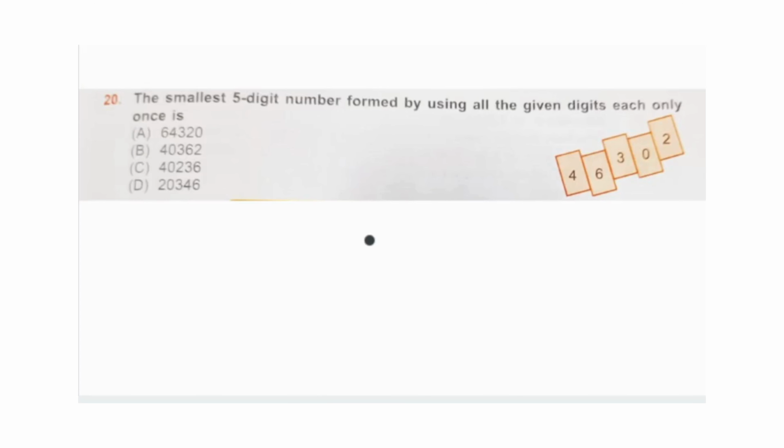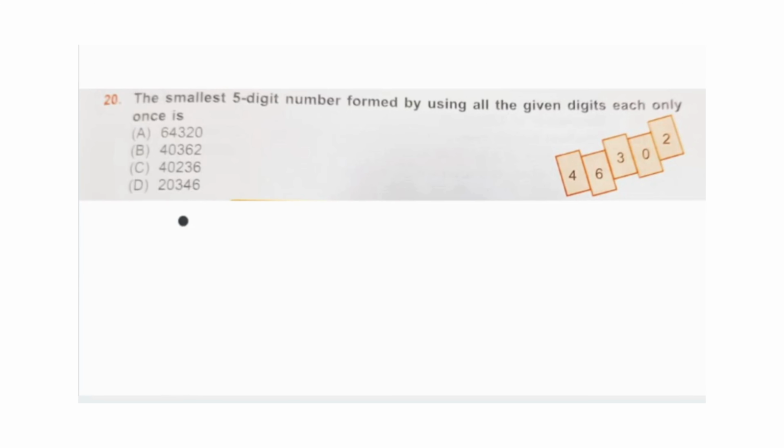Let's look at question number 20. The question reads: the smallest 5-digit number formed by using all the given digits, each only once, is. If you read the question correctly, you will find out that we have to find a 5-digit number. We have to make sure that the digits do not repeat; each is used only once.